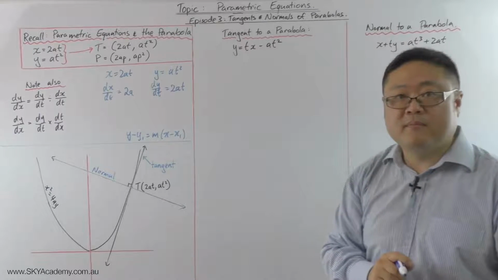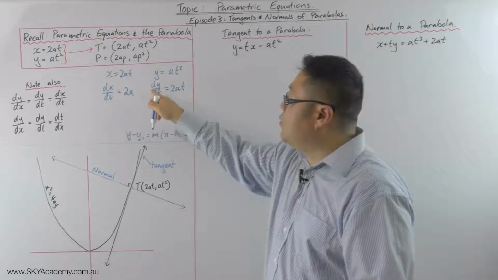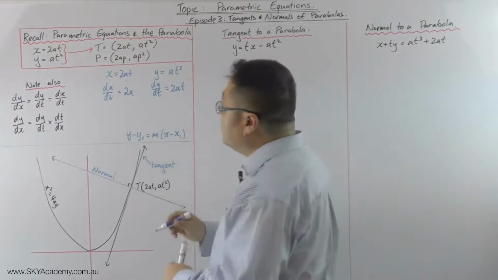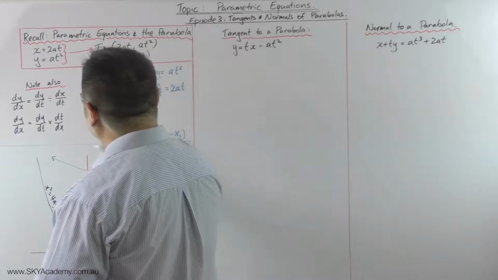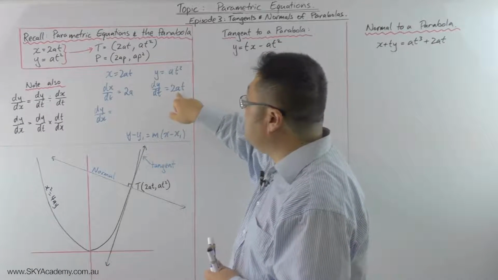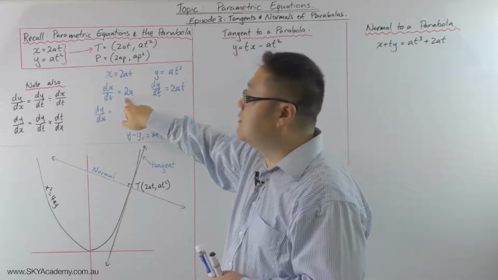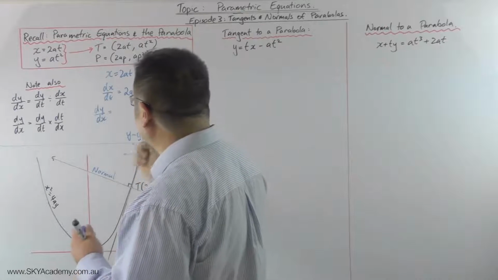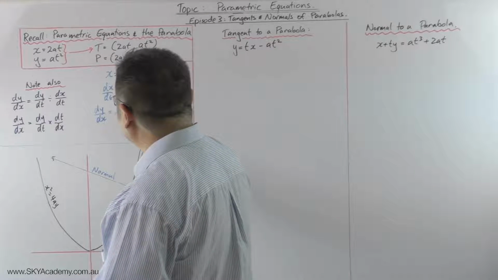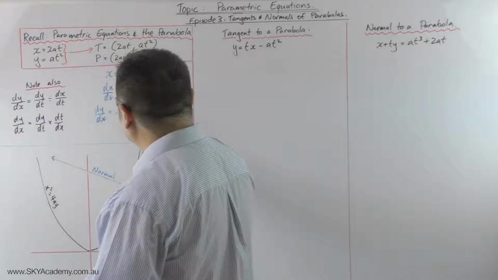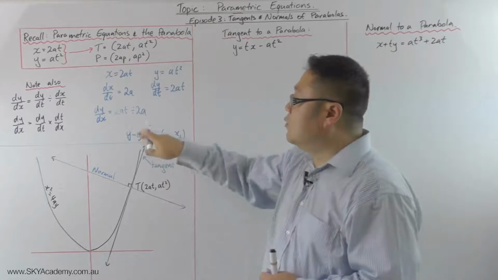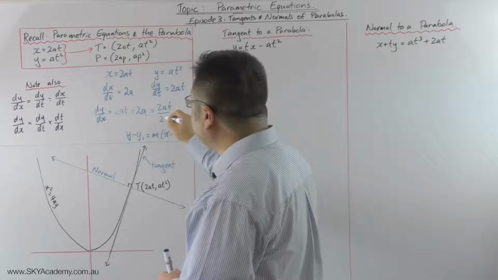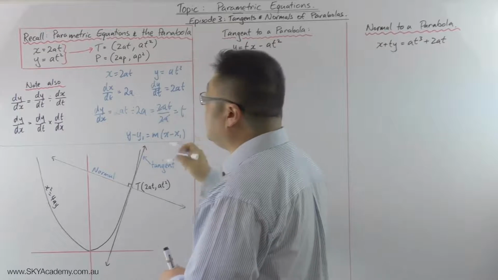To work out dy/dx, you take dy/dt and divide by dx/dt. So 2at divided by 2a will give you the gradient of the tangent. The 2a's cancel, and you're left with t.